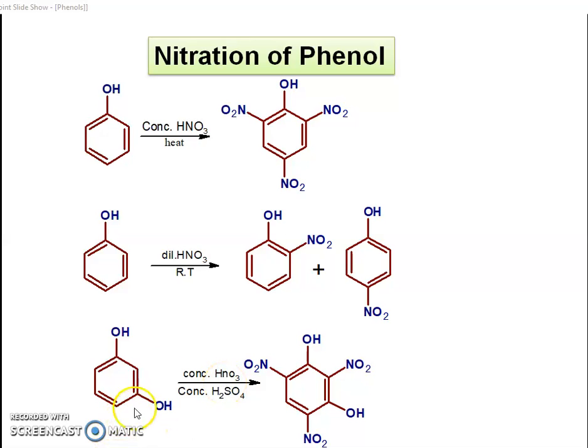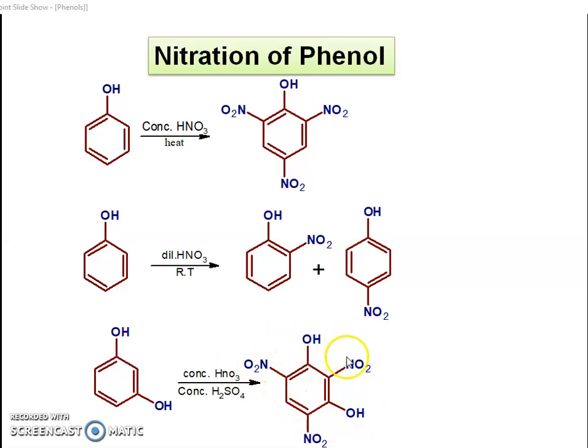Similarly, resorcinol can be treated with concentrated nitric acid and concentrated H2SO4. This nitrating mixture is used to give such products.